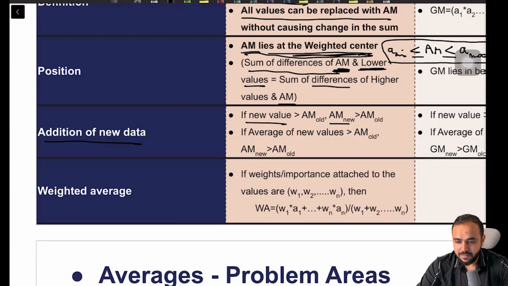If you add multiple new data points to the data set, and the average of these new data points is greater than the original average, then again the same thing will happen. This new addition of data will pull the arithmetic mean towards itself.